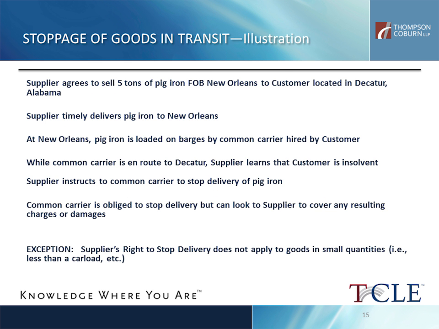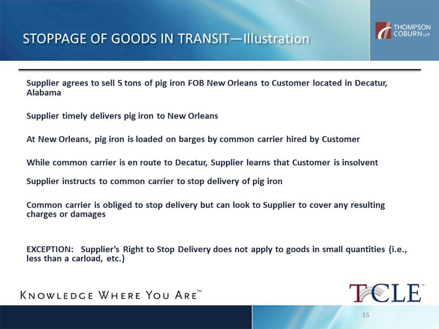Let's look at a quick example on this. Let's suppose that the trade creditor agrees to sell 5 tons of pig iron FOB New Orleans to a customer located in Decatur, Alabama. The supplier delivers the pig iron in New Orleans. It's loaded onto barges, and the common carrier is en route. Suddenly, the trade creditor discovers that their customer is insolvent.